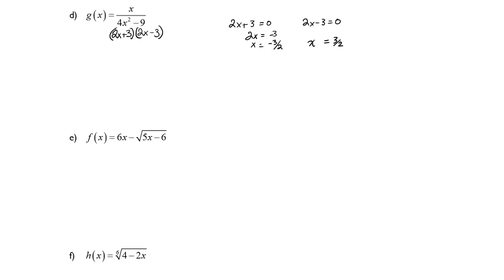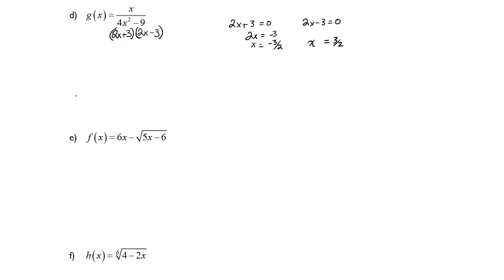When I plug or substitute in negative 3 halves and 3 halves into my g of x, I will get undefined results. You can check this in your calculator as well, and it doesn't work. You have a big problem with your domain. Some calculators will even say domain error, which is helpful.